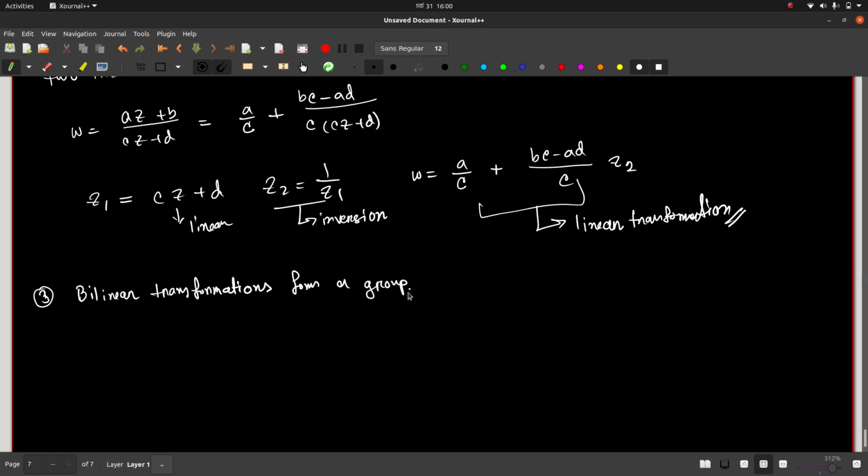The idea behind these groups is currently beyond our syllabus, but to make some very brief comments: if you take two bilinear transformations, let's say this is one bilinear transformation, and what you do is apply another bilinear transformation on this W, then bilinear on W will give you another bilinear transformation.